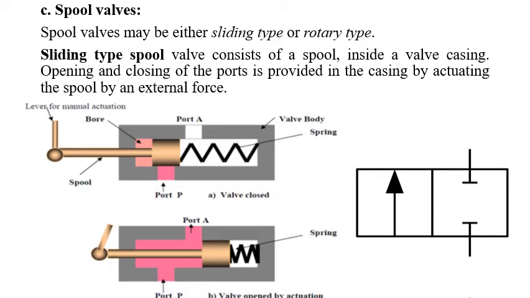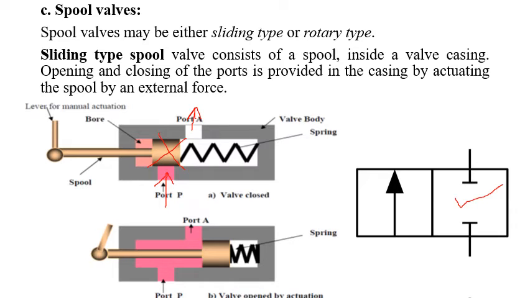Here you can see the first diagram. Port P means from the pump and A means towards the actuator port. Here no flow occurs, and this condition is satisfied.